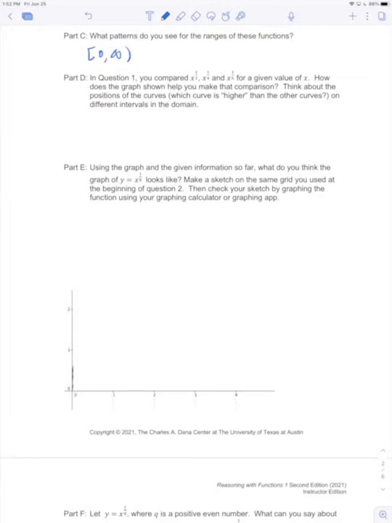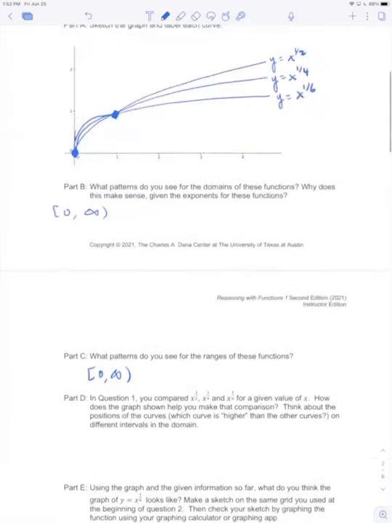Part D, in question 1, you compared x to the 1/2, x to the 1/4, and x to the 1/6 for a given value of x. How does the graph shown help you make that comparison? Well, from the position of the curves, when x is in the interval between 0 and 1, x to the 1/2 is the smallest and x to the 1/6 the largest.